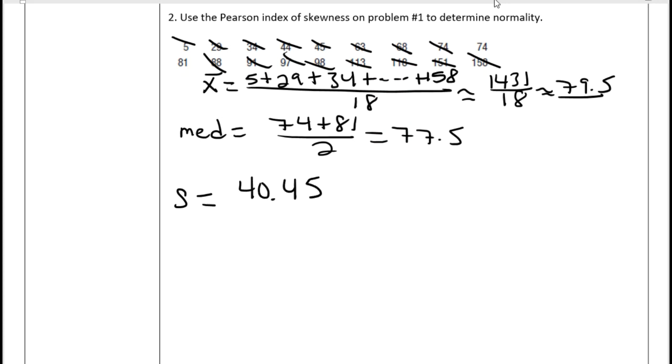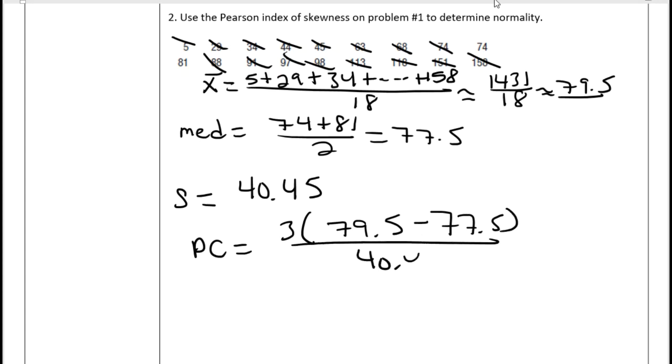All right, so now we can plug it into the Pearson coefficient formula. We have 3 times x bar minus median, divided by the sample standard deviation, and we get about 0.148.